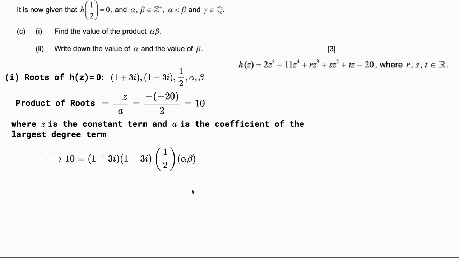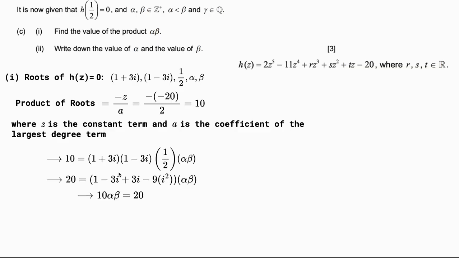So what we can do next is multiply both sides by 2, giving us 20 equals, and then we can expand this. So 1 times 1 is 1, 1 times negative 3i is negative 3i, 3i times 1 is plus 3i, and then 3i times negative 3i gives us negative 9 times i squared, and this alpha times beta remains the same.